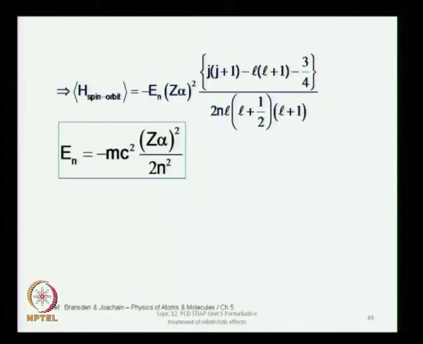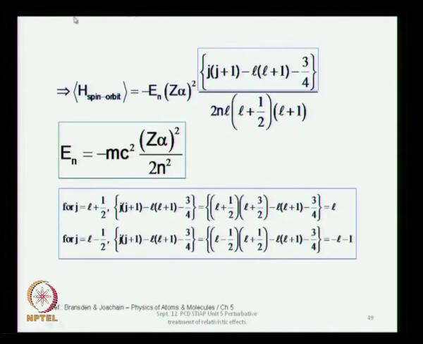and now the actual value will depend on how j relates to L, because j could be either L plus S, or it can go from L plus S to L plus S minus 1 etc. up to modulus of L minus S, but since S is only half, there are only two values that you can get for j, which are L plus half and L minus half.